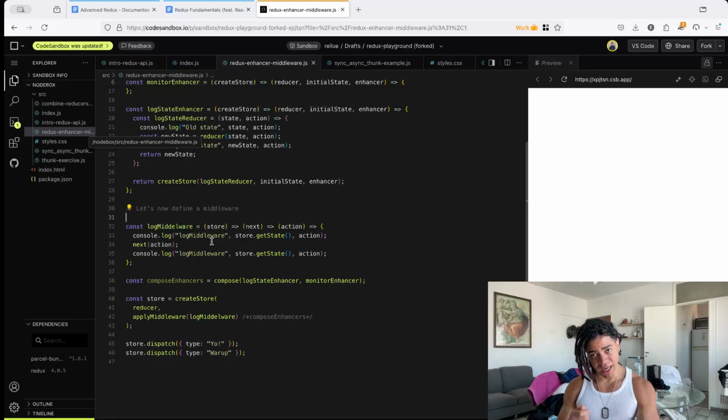So fetching data, all of these async behaviors. Okay, now you can put this into a middleware, and when you get that data, you are going to dispatch the update logic, right?